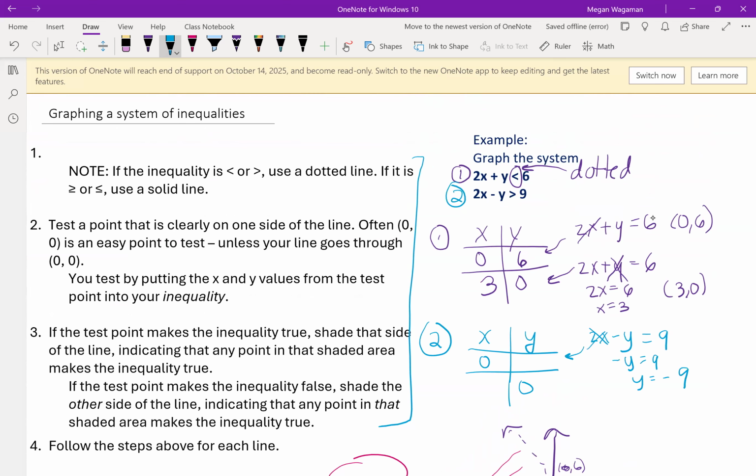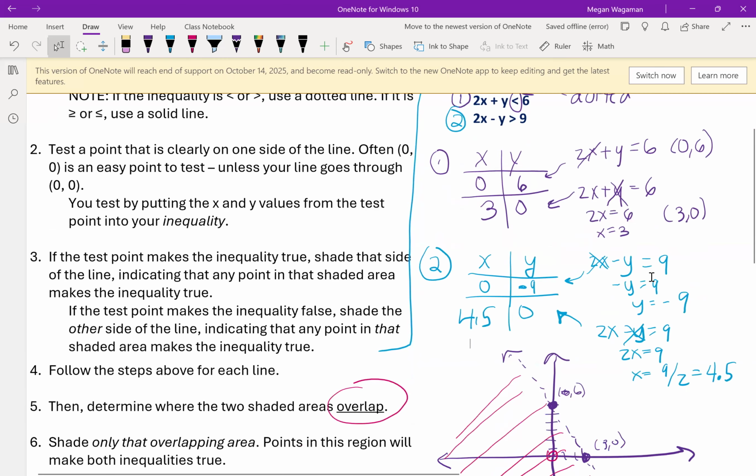So y is going to be negative 9. So that gives me 1 point. For the other one, 2x minus y equals 9. If the y is 0, it means 2x equals 9. So x is going to be 9 divided by 2, which is 4.5, whichever way you want to think about that one.